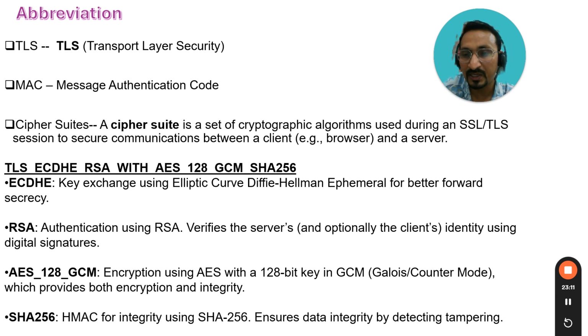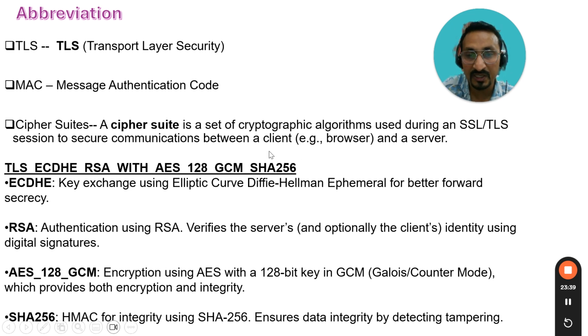RSA indicates the authentication of the digital certificate which is shared by the server. AES 128 underscore GCM indicates which encryption algorithm is used to encrypt the data.